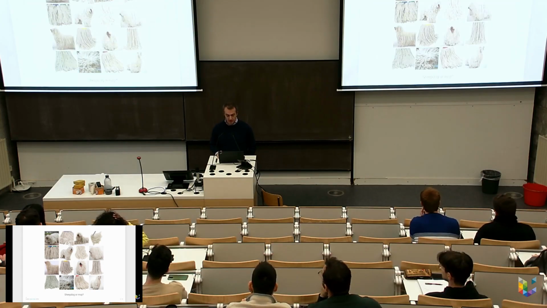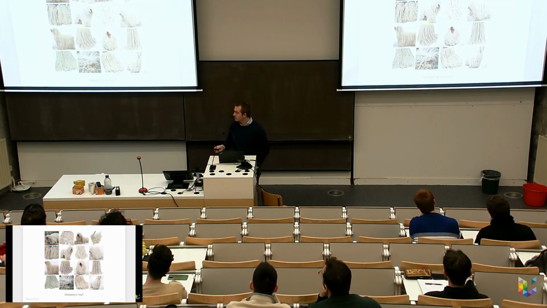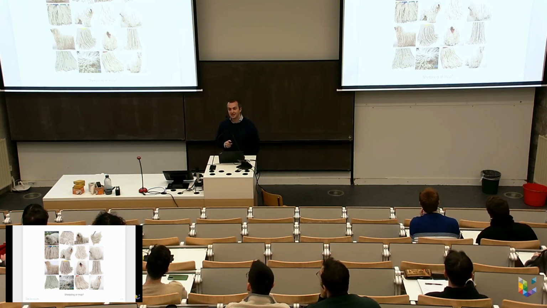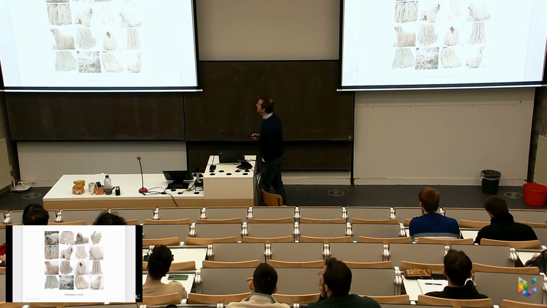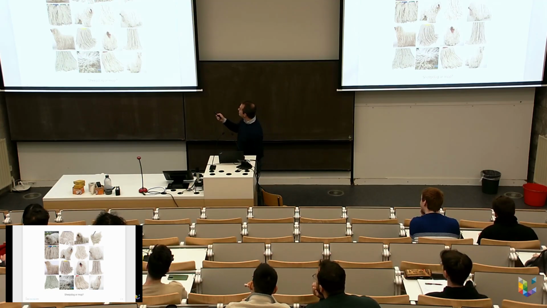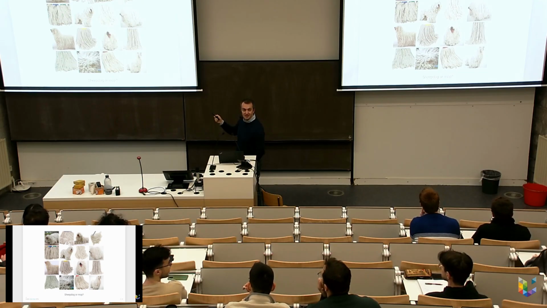Okay, let's take another example. Do you see dogs in these images? There are pugs and mops. Do you see a dog there? Who says yes, there is a dog in this image? Raise your hand. Okay, it's a mop.